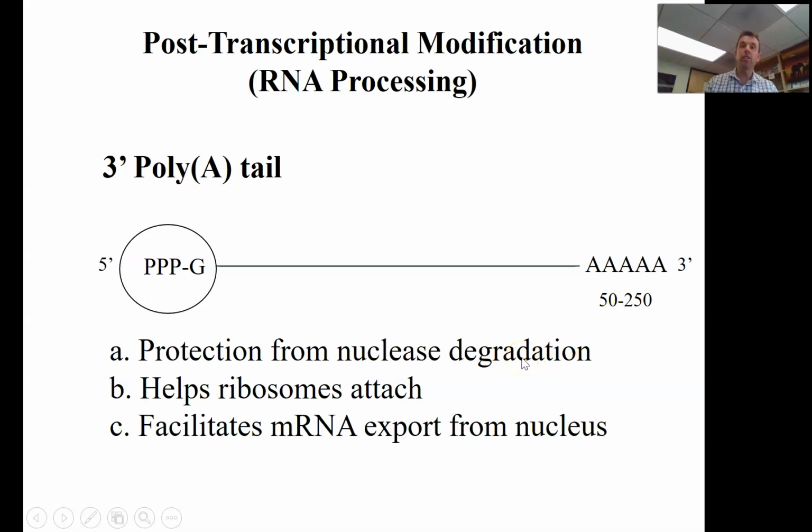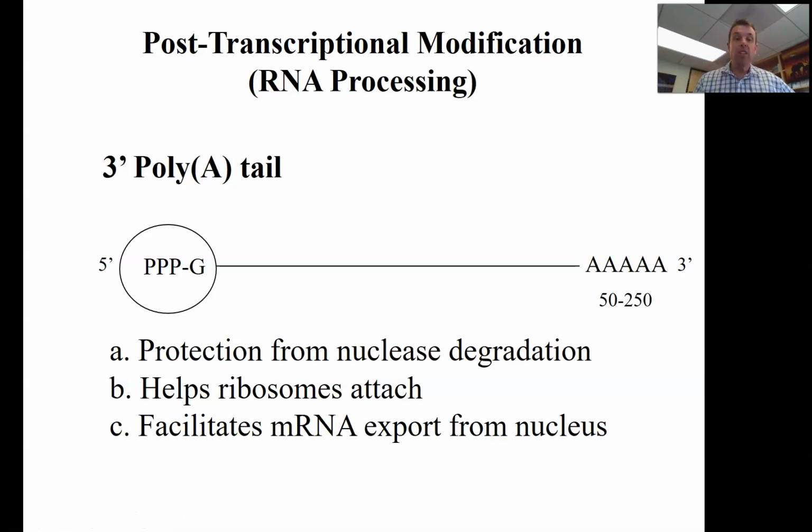All right, then the second modification is the poly-A tail. Poly means many. A is that nucleotide, adenosine, and so the poly-A tail is added to the 3' end. Remember the 5' cap, a methylguanosine cap, was added to the 5' end. The 3' end gets these long sequences of adenines added, anywhere from 50 to 250. It's a pretty wide range.